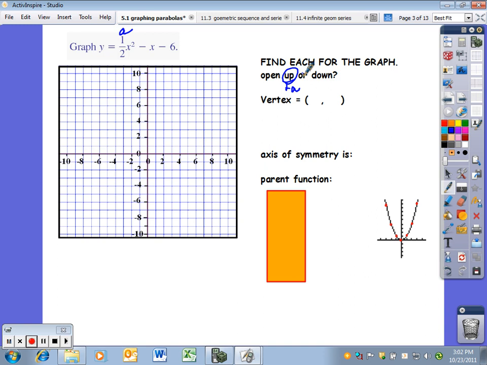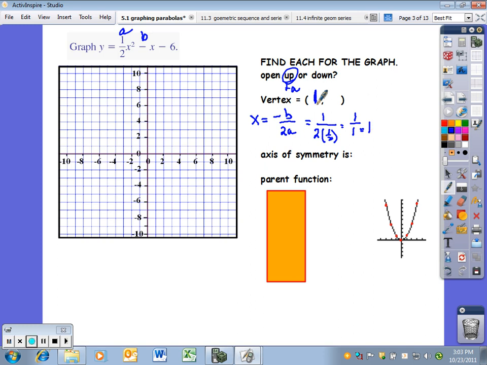So to find the vertex, we said x has to be the opposite of b over 2a. So what is b here? It is negative 1. So the opposite of a negative 1 is a positive 1, over 2 times a, which was 1/2. That's 1 over 1, which is 1. So the x value is 1.